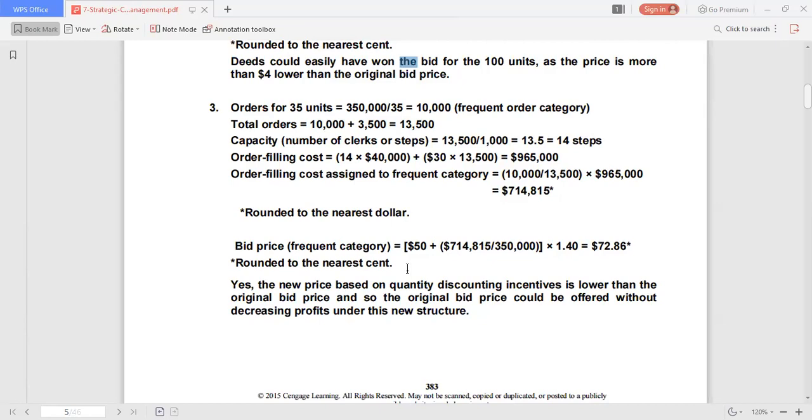Material usage, direct materials, $20 per part. The machining, 75 per machine hour. Purchasing activity, 150 per purchase order. Setup activity, 3,000 per setup hour.